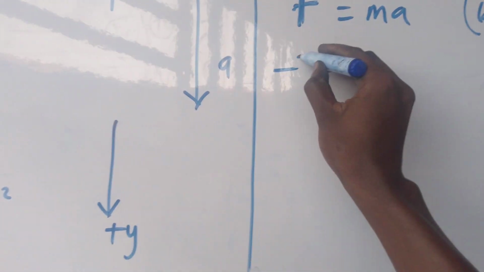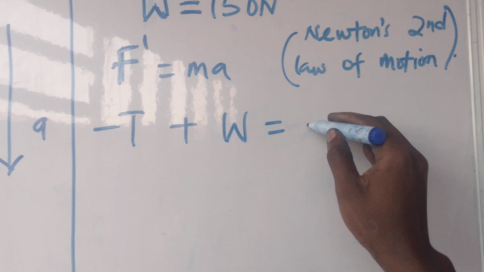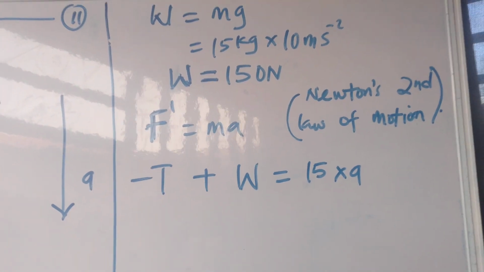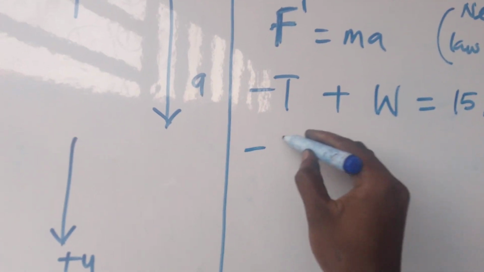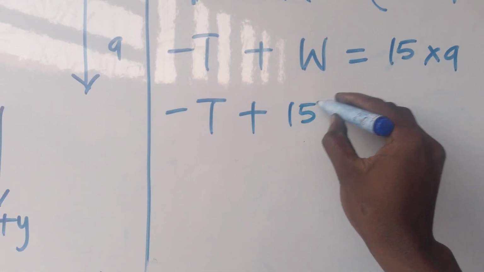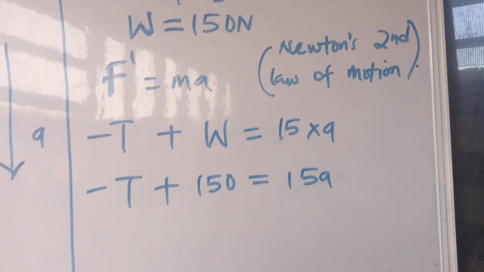My tension force is negative and my weight is positive, equals the mass of the block, 15 kg, times its linear acceleration. So that is minus T plus the weight of the block, which is plus 150, equals 15a.